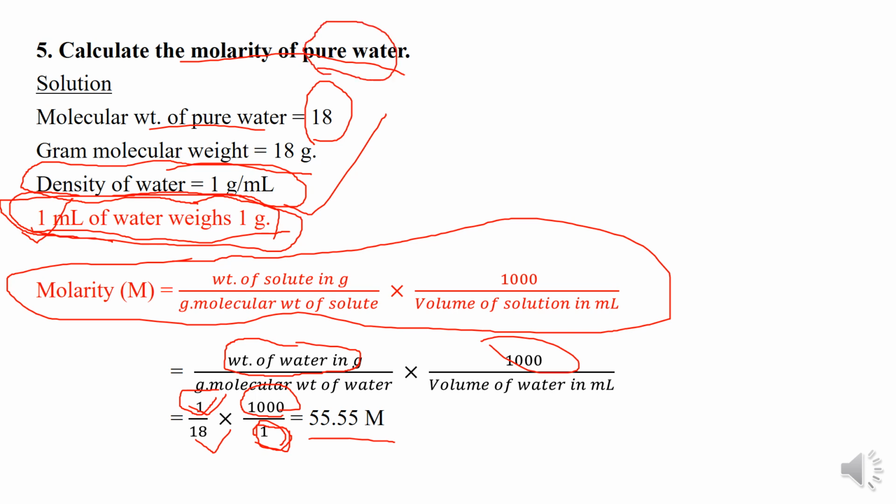It does not contain any other type of impurities. Means the density of that water should be 1 gram per ml. So density of that pure water should be 1 gram per ml. So we have to use the concept of density to calculate the numerical problems of this type. This is very important question. 55.55 molar is the answer.